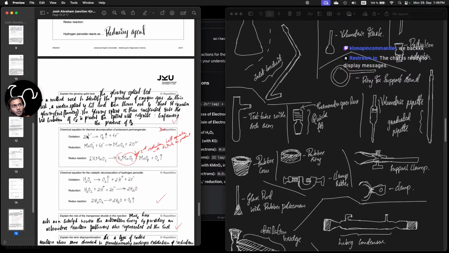Chemical equation for thermal decomposition of potassium permanganate and catalytic decomposition of hydrogen peroxide. Important: second reduction half equation with K2MnO4 as product.